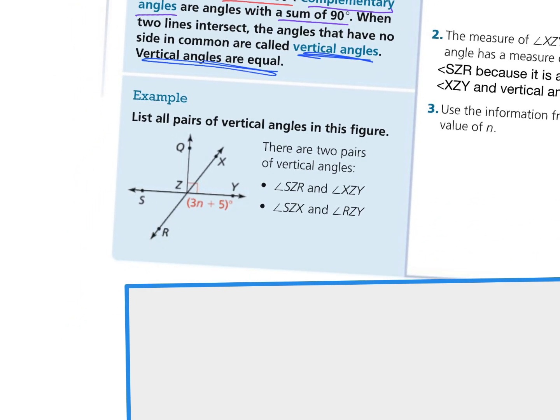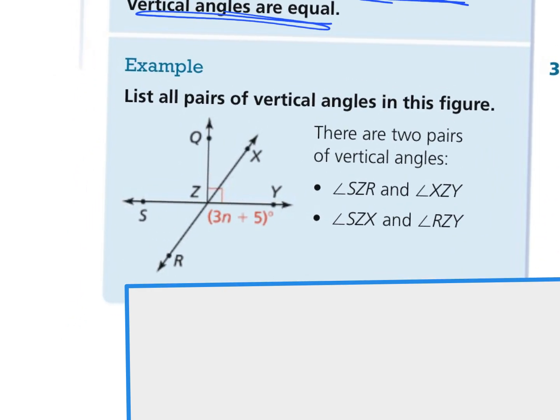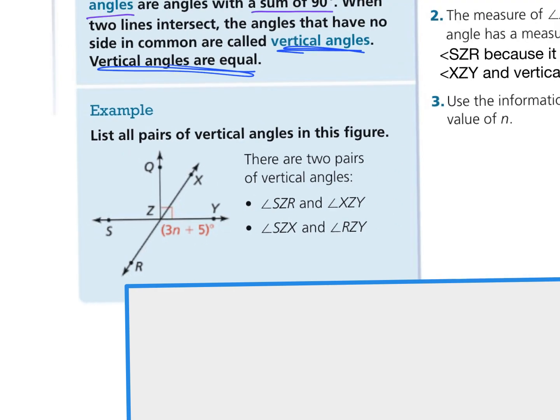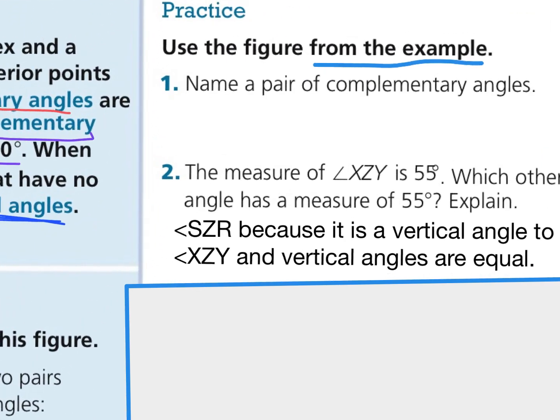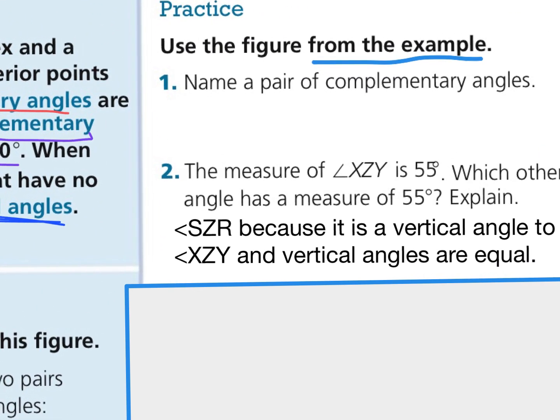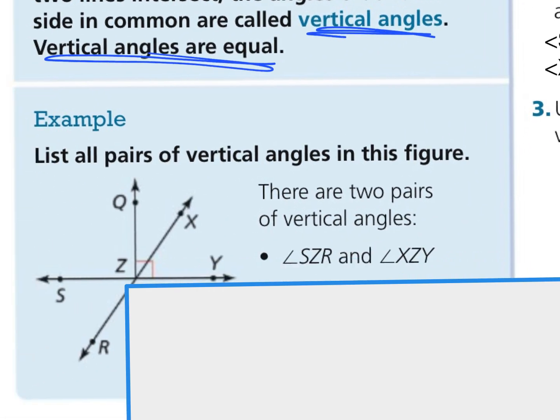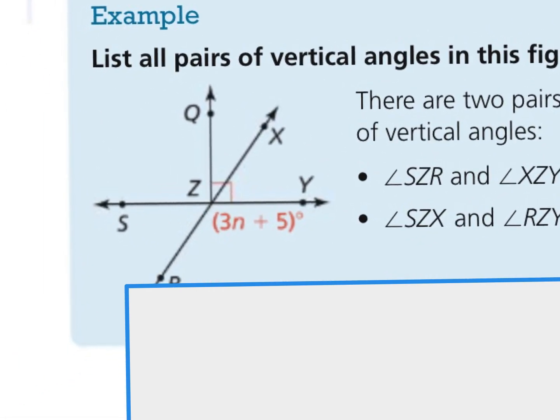So you can see in the example in your book, they've mentioned a couple of sets of vertical angles. If we come over to these problems, number 1, they want us to name a pair of complementary angles. So complementary angles add up to 90 degrees. So you can see the 90-degree angle symbol here in your book.